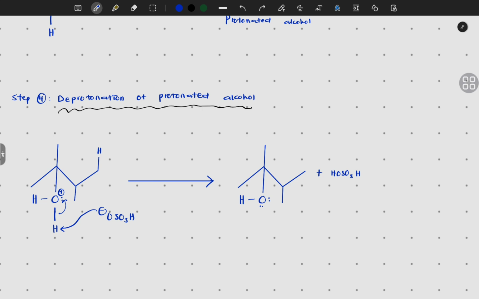The HSO4- is a base that attacks the proton on the positively charged O atom. The O-H bond breaks and electrons from the sigma bond are pushed towards the O atom. The final product, 2,3-dimethyl-2-butanol, is formed after deprotonation.